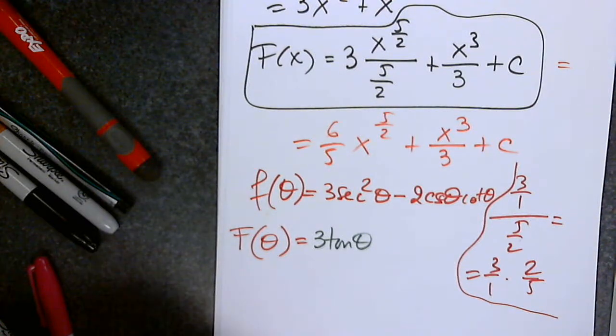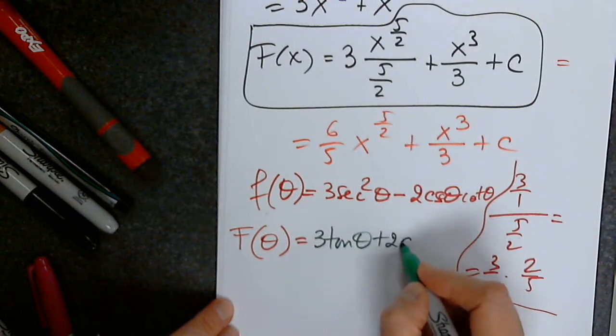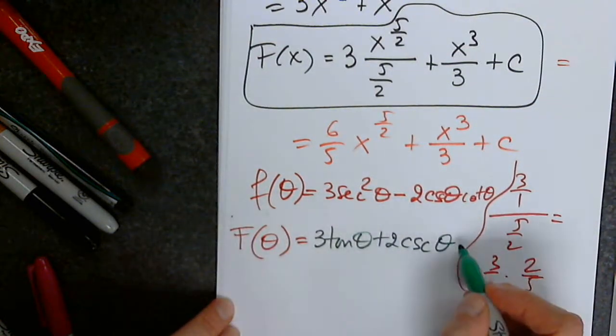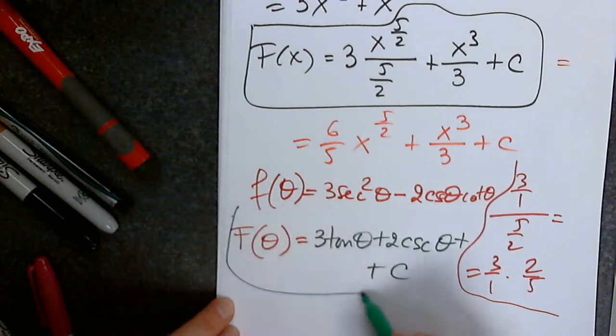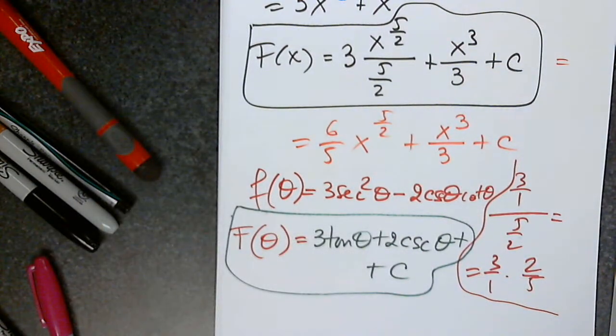No, it's just cosecant, because cosecant prime is negative cosecant cotangent. So plus 2 cosecant theta plus a constant c. Right? So when we differentiate cosecant theta, we get negative cosecant cotangent.